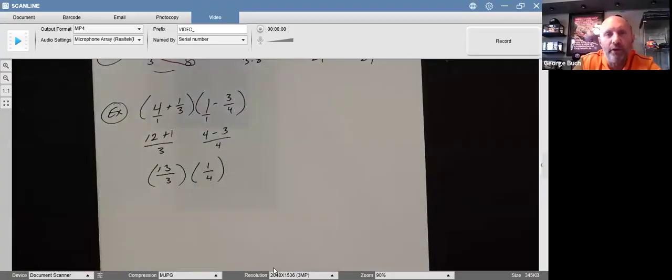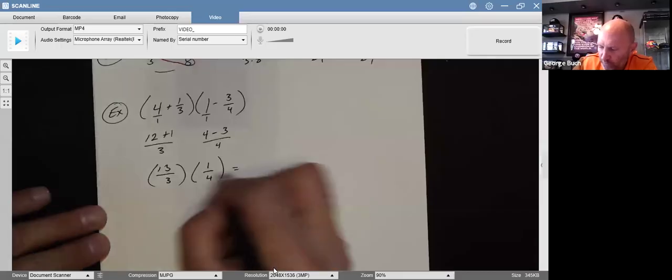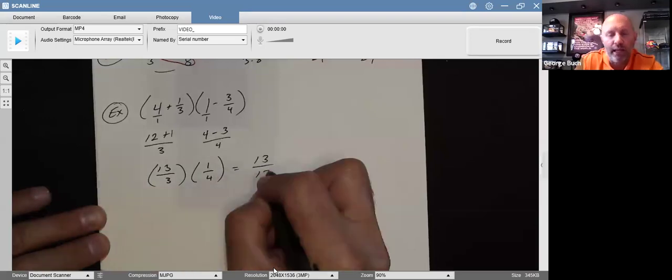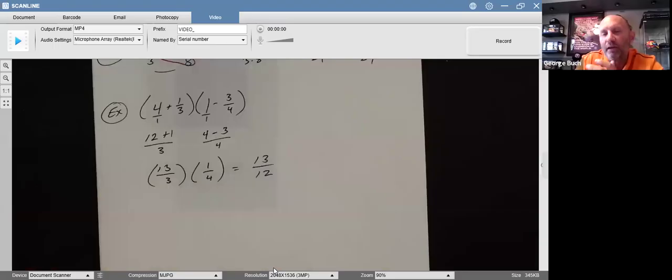I love to see that because that's our easiest fraction math that we can do. So multiply across. 13 times 1 is 13. 3 times 4 is 12. And that's it. I can't simplify. I can't take a common factor out of any of these. So your answer for this one is just 13 over 12.